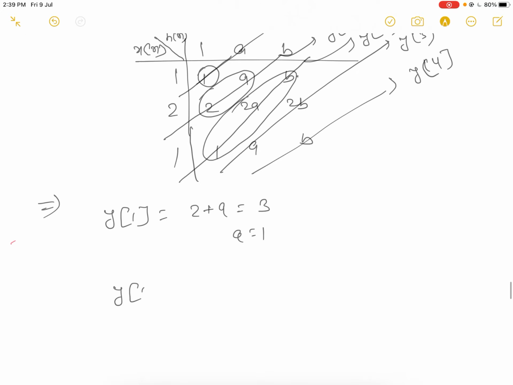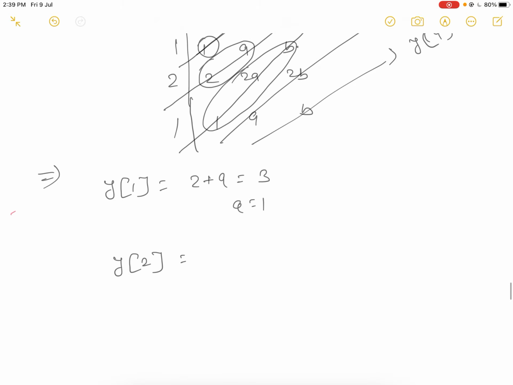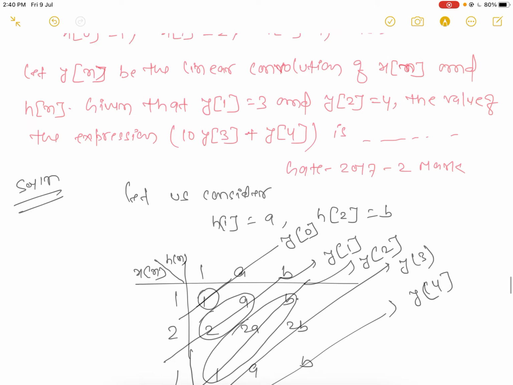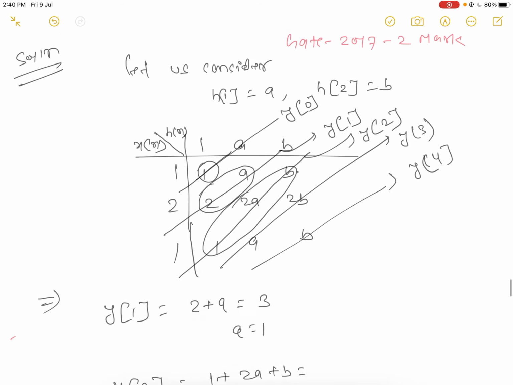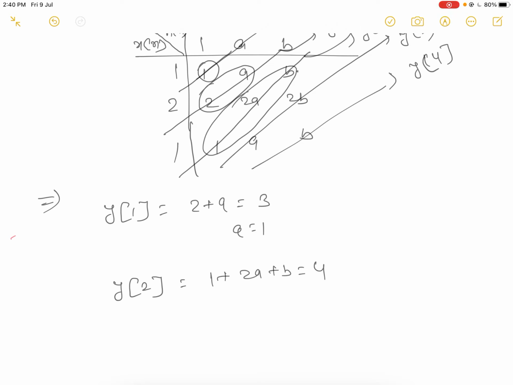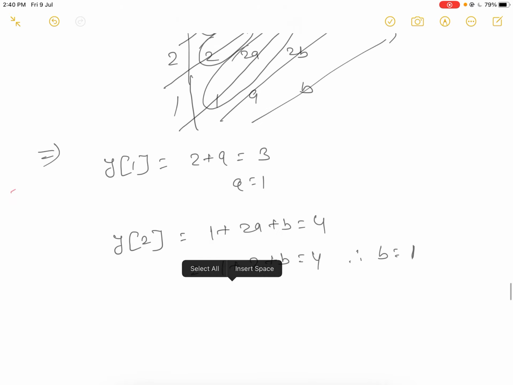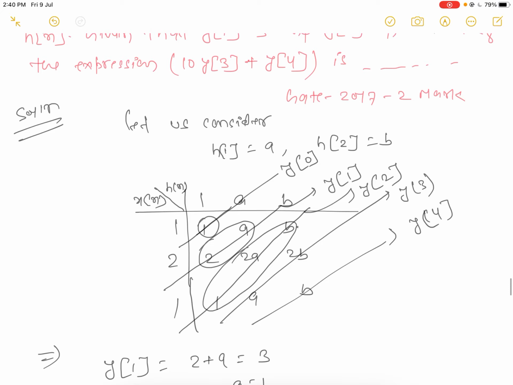Now come to y2. y2 will be 1 plus 2a plus b. How much is given? y2 is equal to 4. Here we found a is equal to 1, so 1 plus 2 plus b is equal to 4. Then b will be 1. Now we know the values of a and b: a is equal to 1, b is equal to 1.